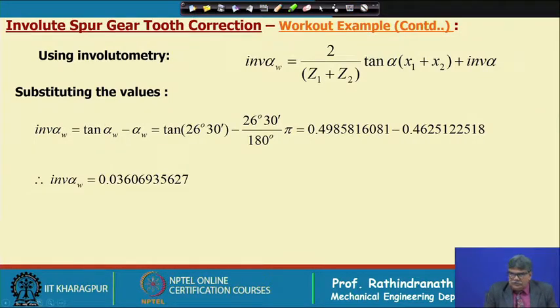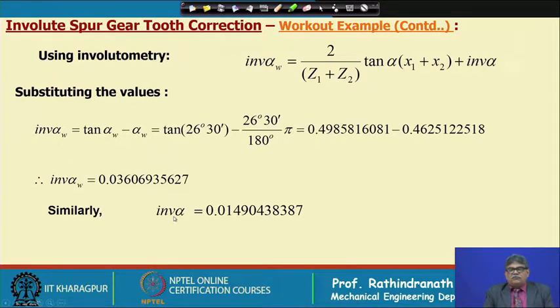So, we have calculated involute alpha w. Similarly, involute of the standard pressure angle, in this case 20 degree, becomes 0.01490433, but usually this is taken up to this value.